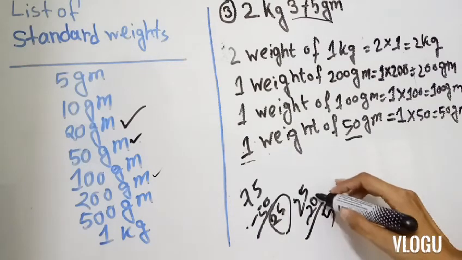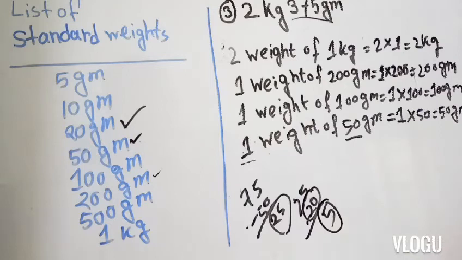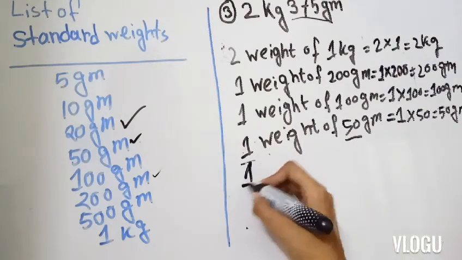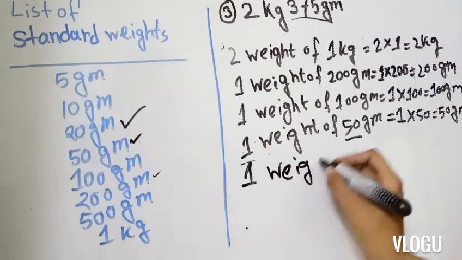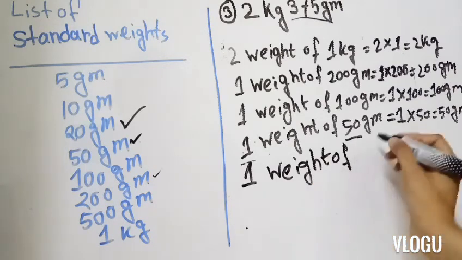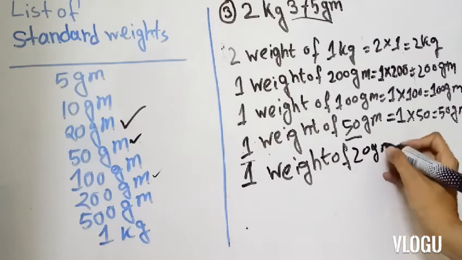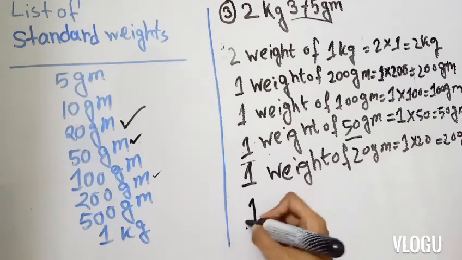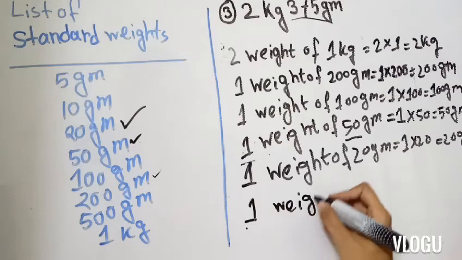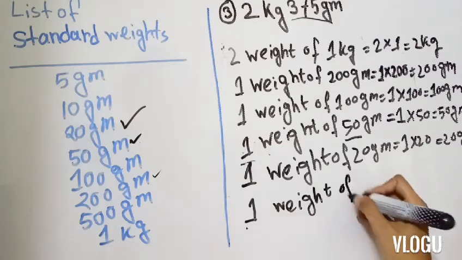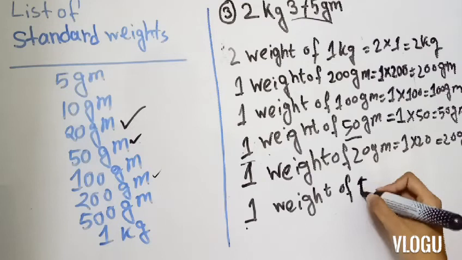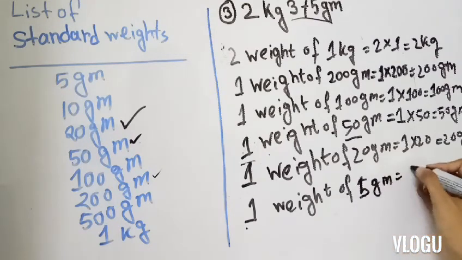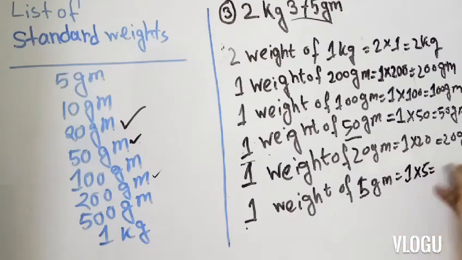So we need 20 gram and 5 gram. So 1 weight of 20 gram, 1 multiplied by 20 is equal 20 gram, and 1 weight of 5 gram is equal 1 multiplied by 5 gram.